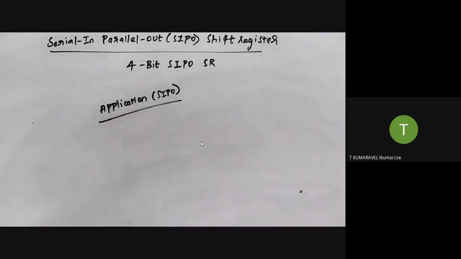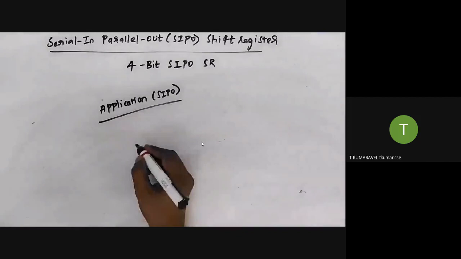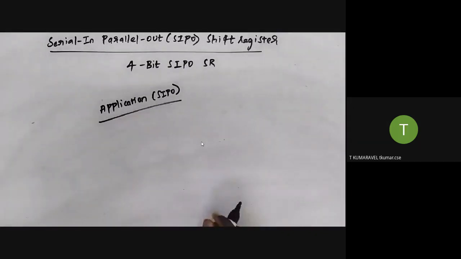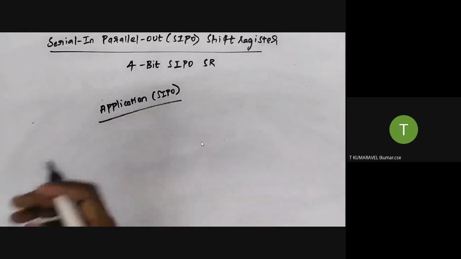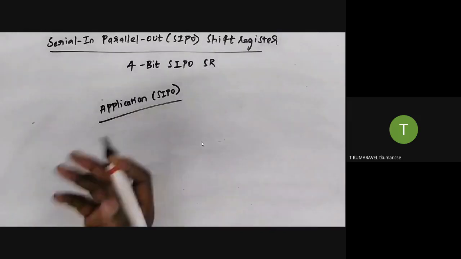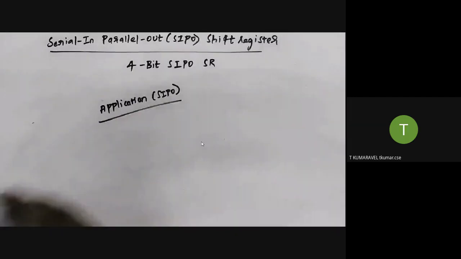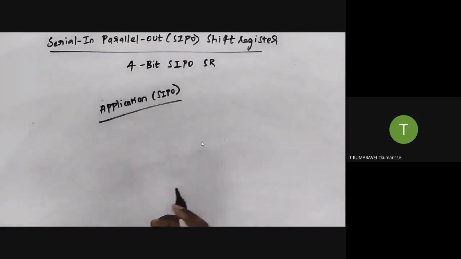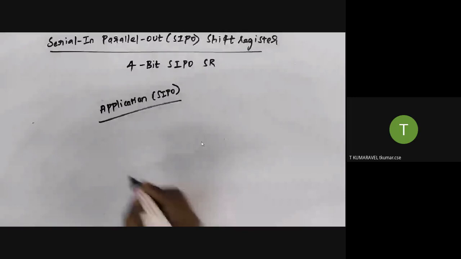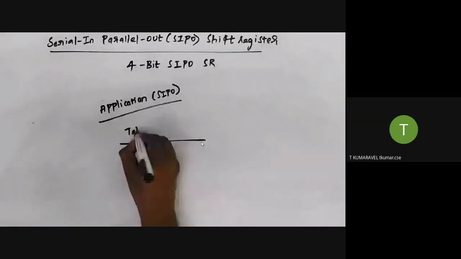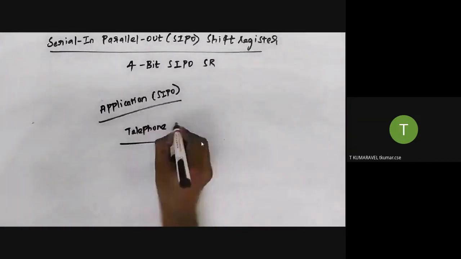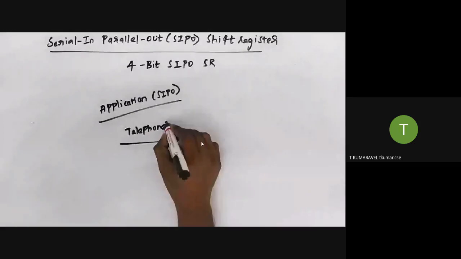For example, if you have a broadband connection in your home, the telephone line information is an analog signal.